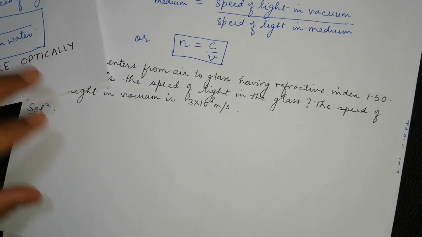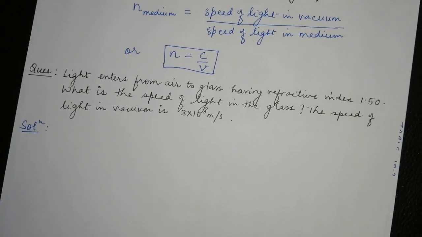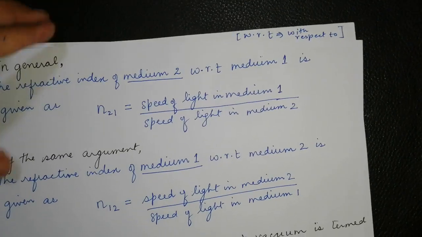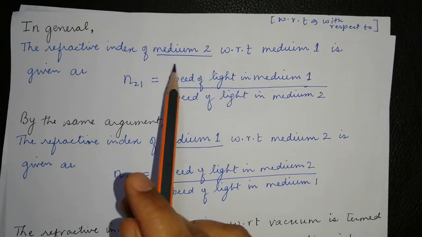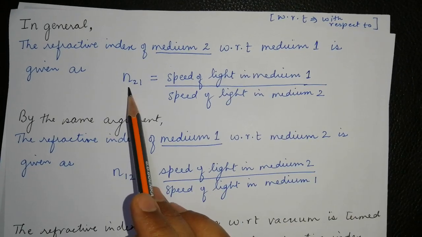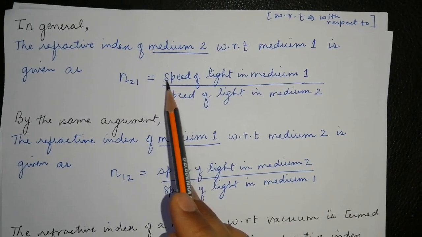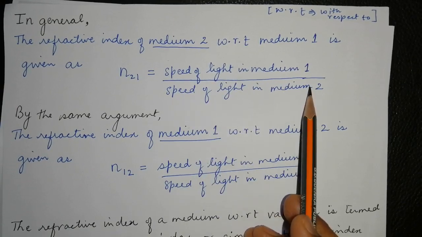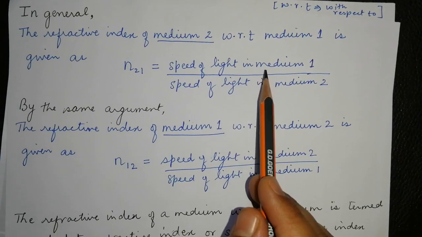So in general, the refractive index of medium 2 with respect to medium 1 is given as N21, which is equal to speed of light in medium 1 upon speed of light in medium 2. Students, please make a note of it.